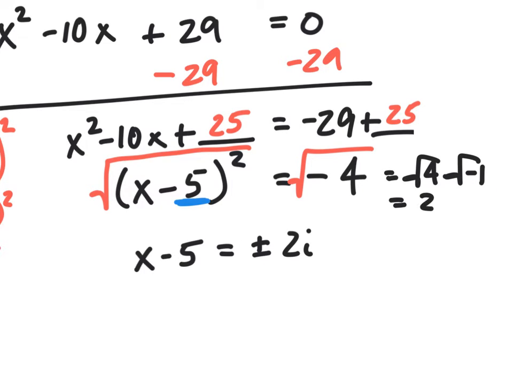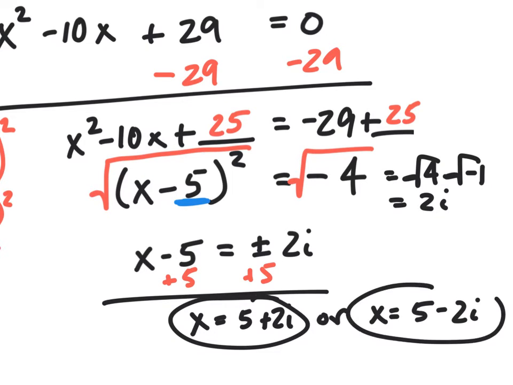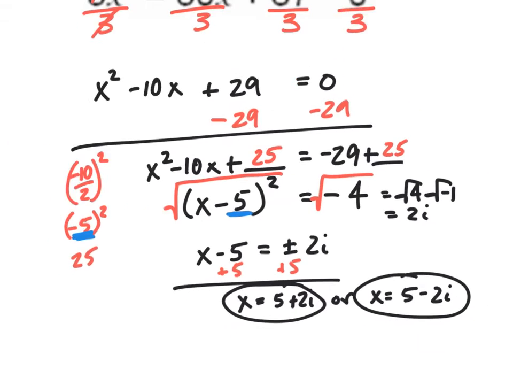Square root of 4 is 2, square root of negative 1 is i. Okay, so then I'm going to add 5 to both sides. And so we get that x is equal to 5 plus 2i, or x is equal to 5 minus 2i. And so here we don't get real solutions, we get complex solutions, and that's okay, okay?